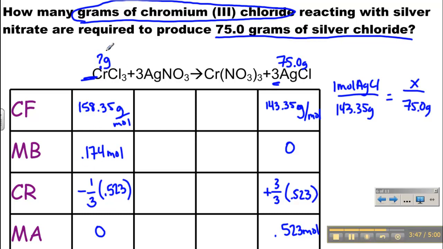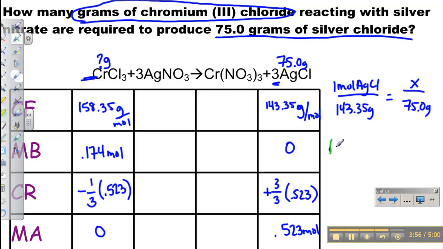Now notice our question wants it in grams, so we must convert. So let's do this in a different color for you. So 1 mole of our chromium-3 chloride is 158.35 grams.